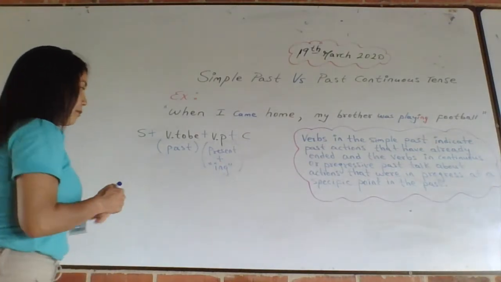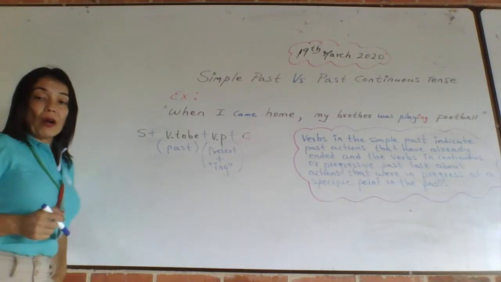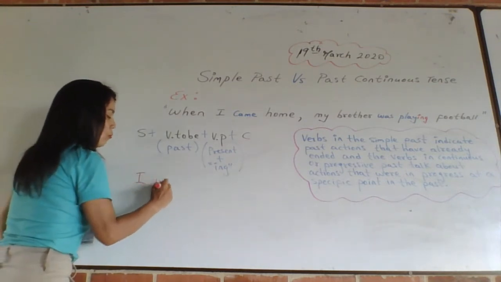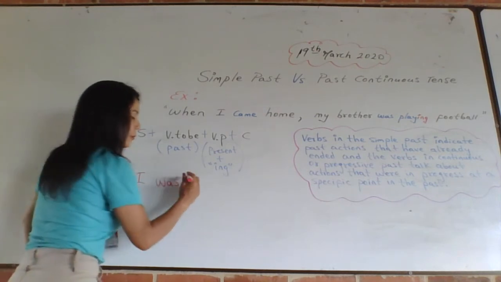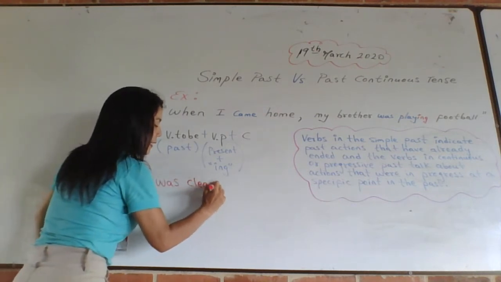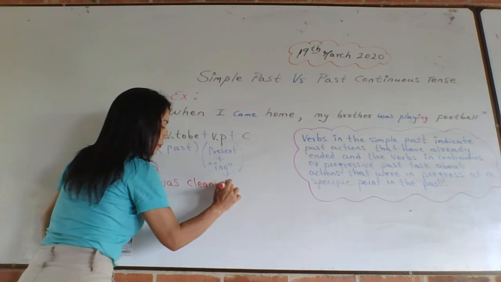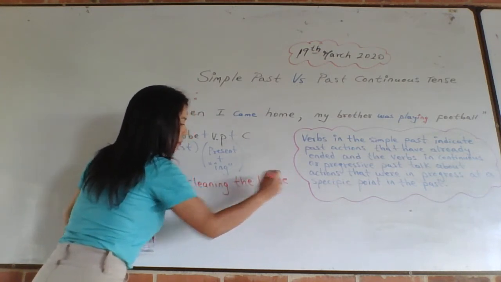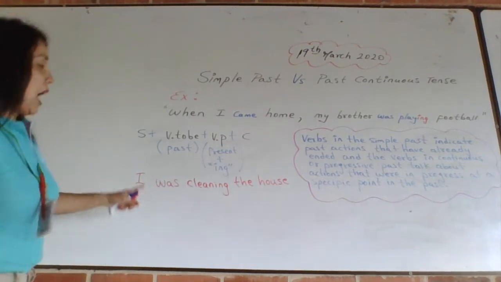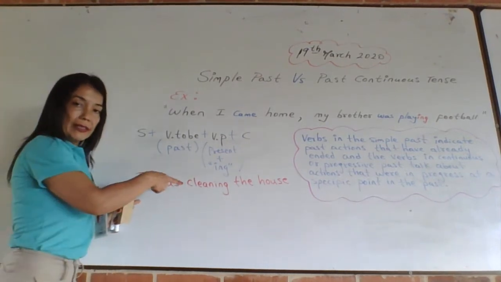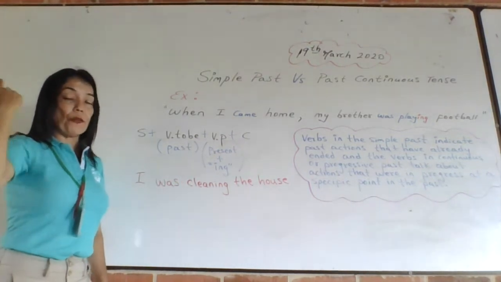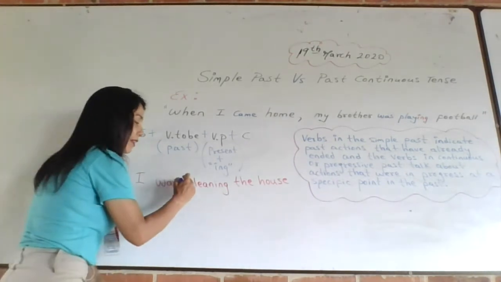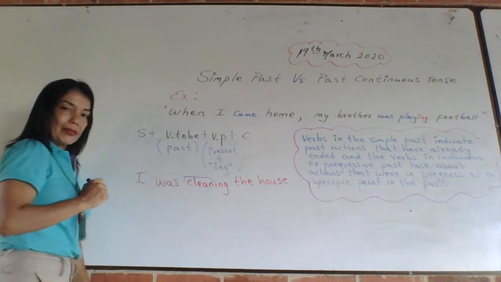Now, let me explain this case through an example. I was cleaning the house. I was cleaning the house. This tense is past progressive or past continuous tense. So as you can see, this is the main verb.